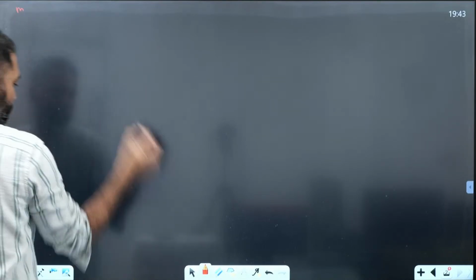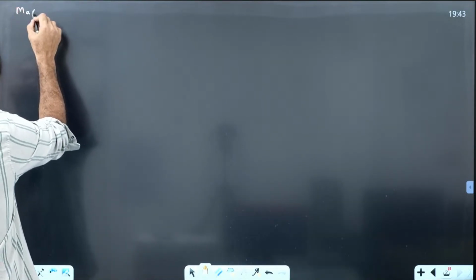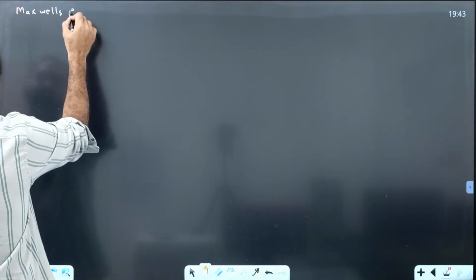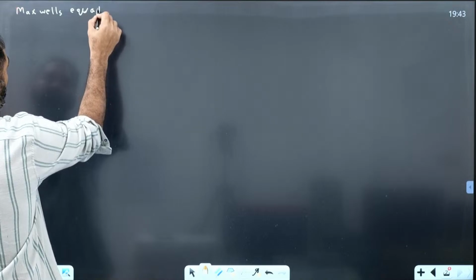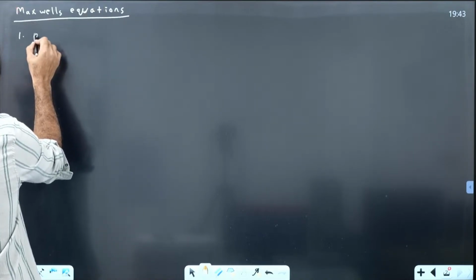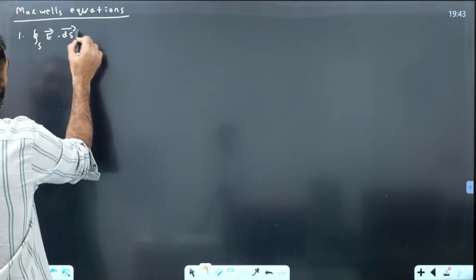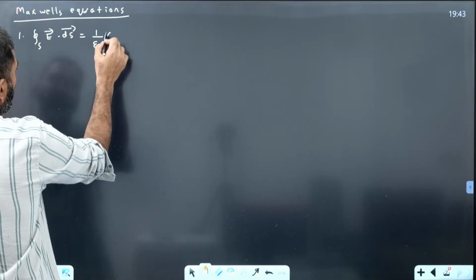Maxwell's equations. Next is what? Maxwell's equations. First Maxwell equation is what? Integral over S E vector dot ds vector is equal to 1 by epsilon 0 times q, which is what?